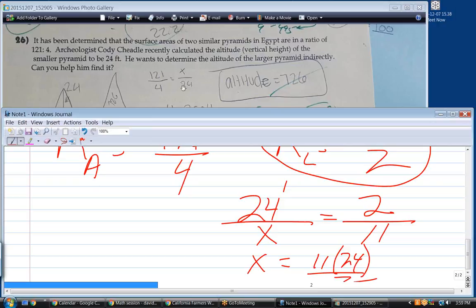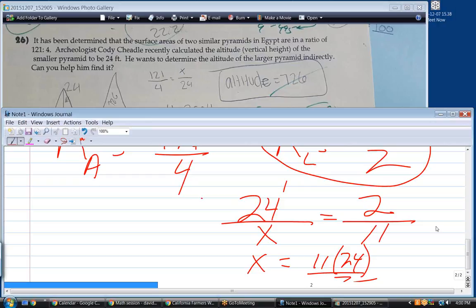In other words, this ratio you set up was incorrect because you were comparing the area ratio to the linear ratio. You have to make sure that you're writing a ratio equation that compares the same thing.